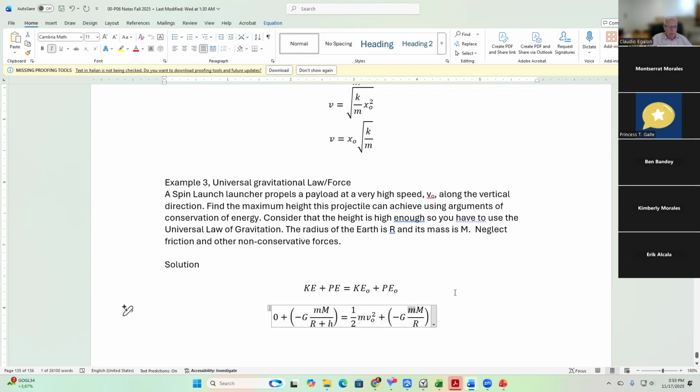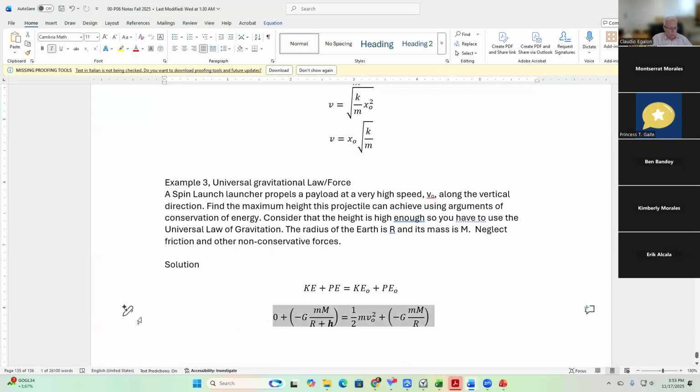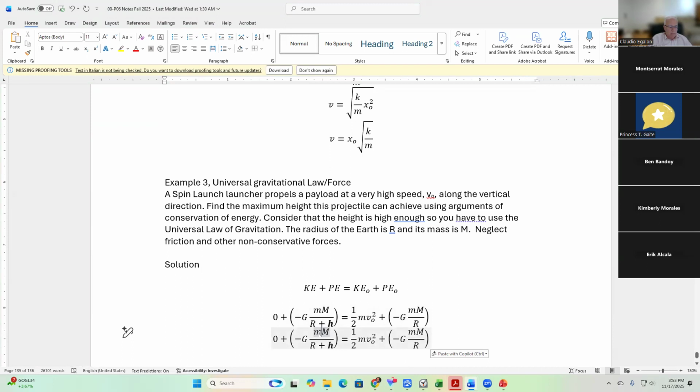So you do not need the mass. We want to find the height of the projectile when it's spin launched. Mass cancels, mass cancels. We do not need the zero anymore.